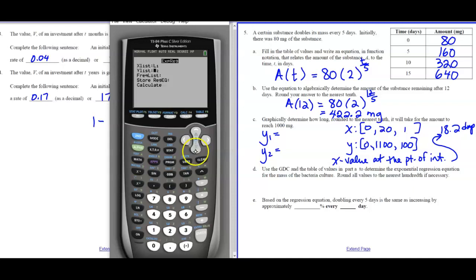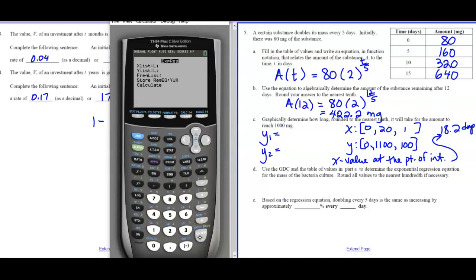You don't do a frequency for this, but I'm going to store it because I want to graph it. Okay? So store, you go vars for variables, y variables, function, y1. I want to put that equation that it finds into y1.